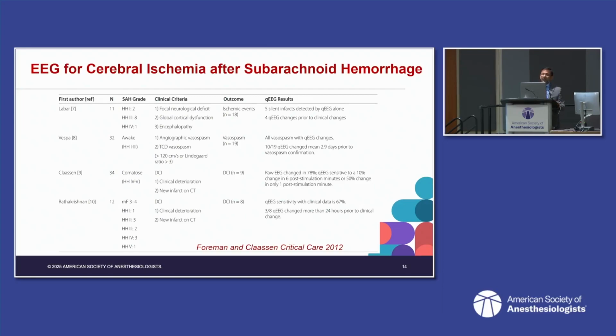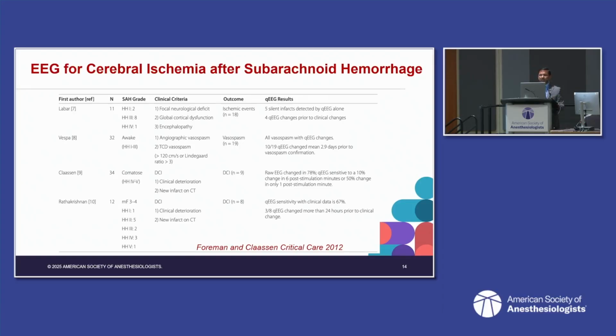Since this is about perioperative management, I'll very briefly touch upon the interest in the use of EEG in ICUs, specifically in patients with subarachnoid hemorrhage, where there is some data that suggests that the changing ratios of the alpha delta frequencies on EEG, even in patients in post-subarachnoid hemorrhage state, can precede the onset of actual vasospasm and cerebral ischemia.